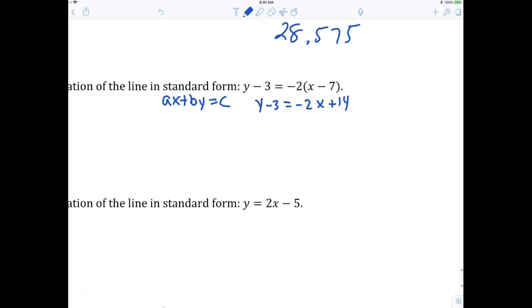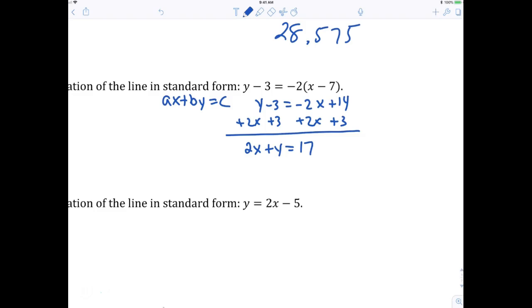I now need to move the x with the y, so that would be adding 2x, and adding 3 to both sides because I want the x's and the y's together and the constant by itself. So this would be 2x plus y equals 17. Is everybody good with that?